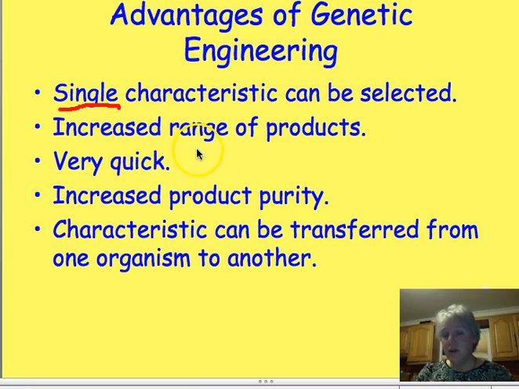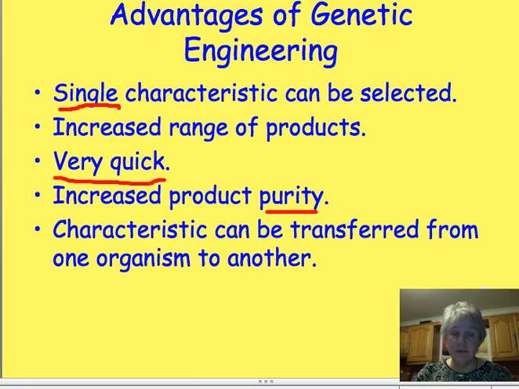And you can produce the thing that you want very quickly. You can make sure that it's very pure, and I said also that it won't cause any allergies. And all of these things make genetic engineering a very advantageous process.